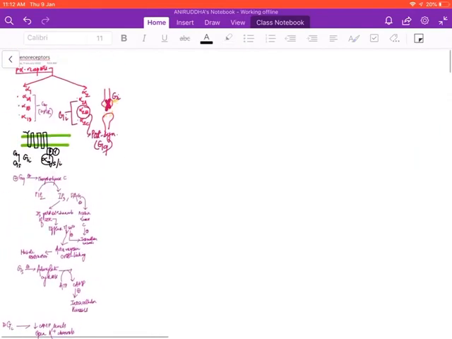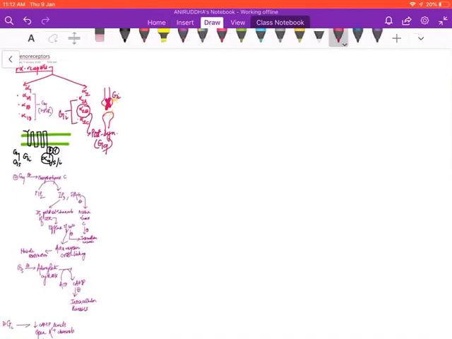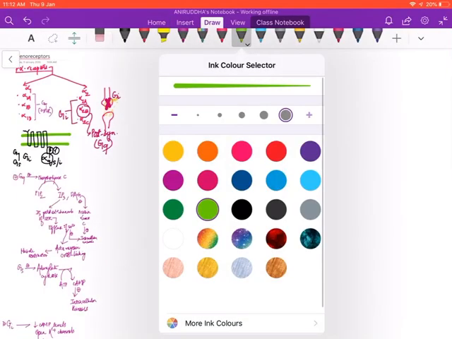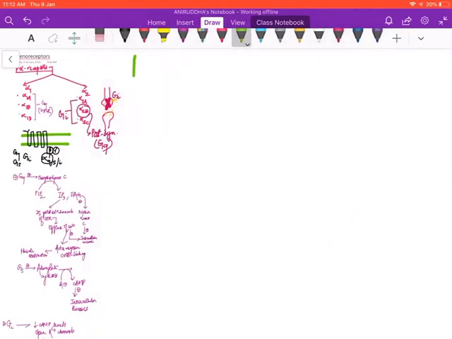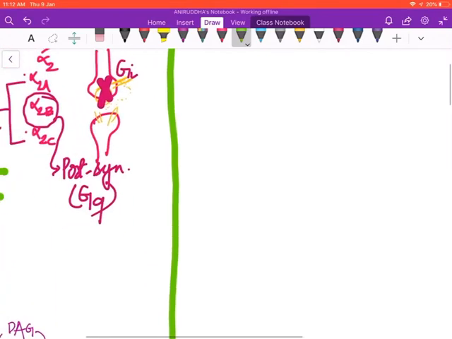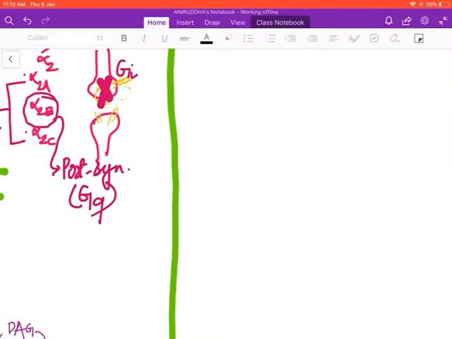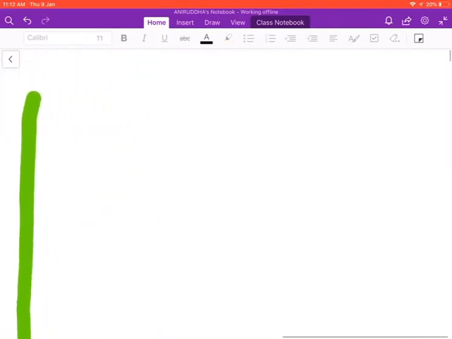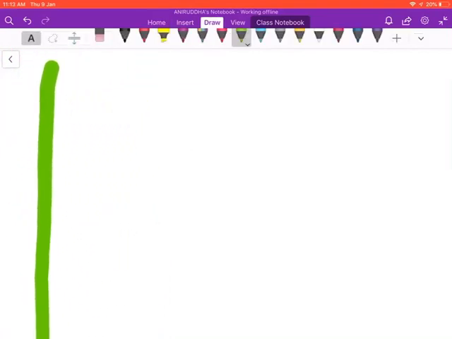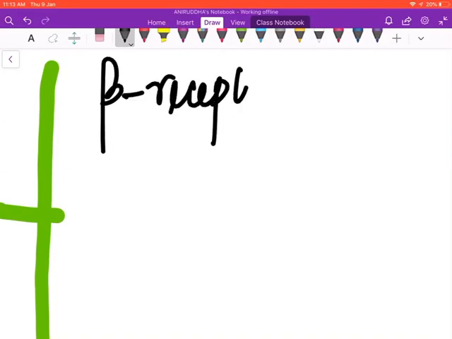Okay, so yeah, now let's move on to the next group of receptors, that is the beta receptors. All the beta receptors are Gs type.